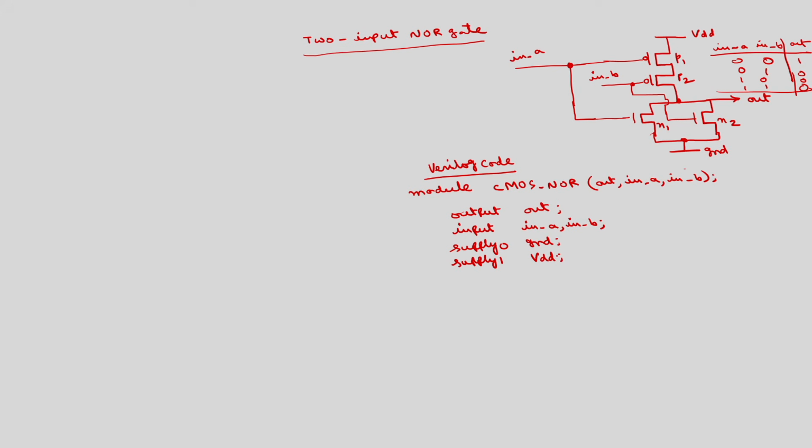Then here also we require a wire, which is not accessible to any one of these inputs or outputs. This is the point where P1 and P2 are connected. This is not accessible. So, we have to define it as a wire.